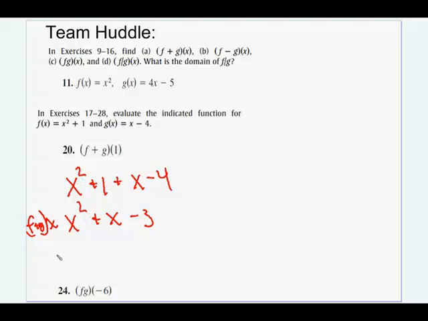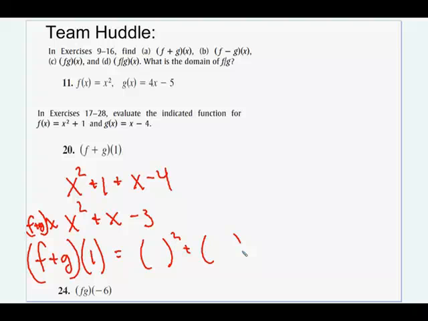And now we're just going to plug a 1 through there. We're going to do an f plus g of 1. So that's going to be our composed function here, something squared plus something minus 3. Now we're just putting that 1 in. 1 squared is 1, plus 1 is 2, minus 3 would equal negative 1.